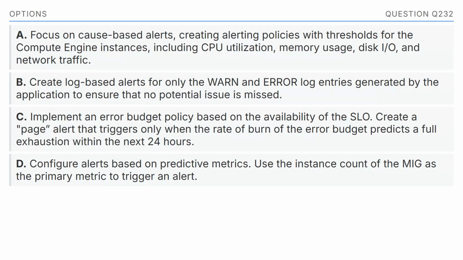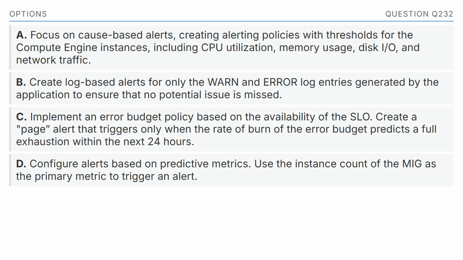The options are: Option A, focus on cause-based alerts, creating alerting policies with thresholds for the Compute Engine instances, including CPU utilization, memory usage, disk I/O, and network traffic. Option B, create log-based alerts for only the warn and error log entries generated by the application to ensure that no potential issue is missed.